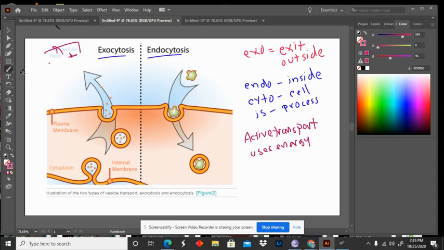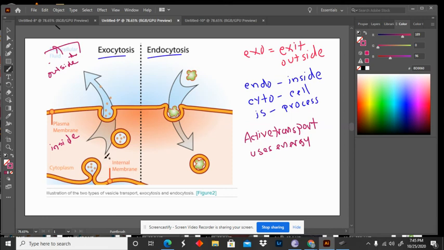So again, this is outside, and this is inside of the cell. So basically, without going into much detail, what the cell does is that it produces some sort of material.